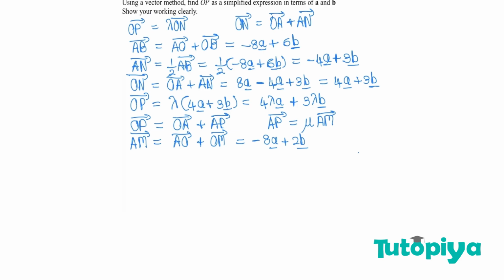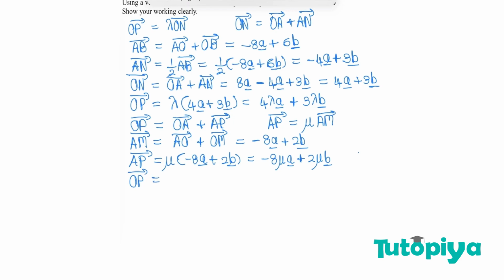So, that is AP is equal to mu of negative 8A plus 2B, which means I can simplify this as negative 8 mu A plus 2 mu B.